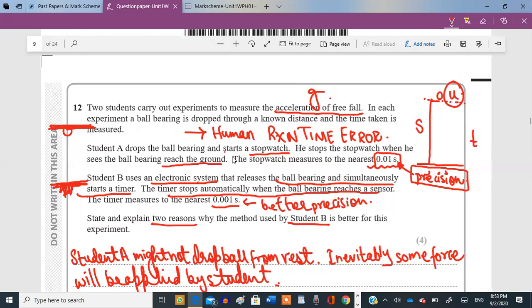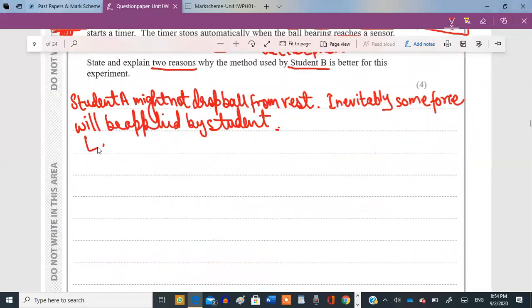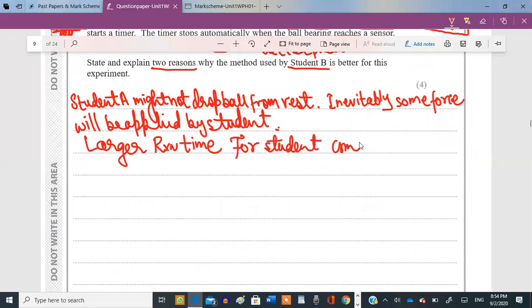So the reaction time for the person is going to be larger as compared to the machine. A larger reaction time for the student compared to the machine.